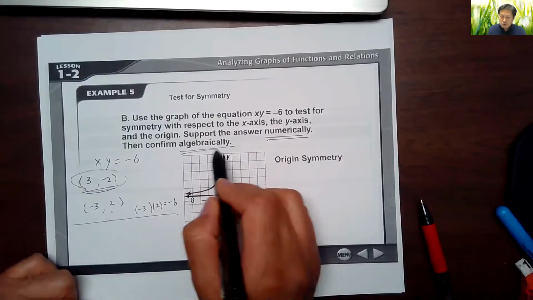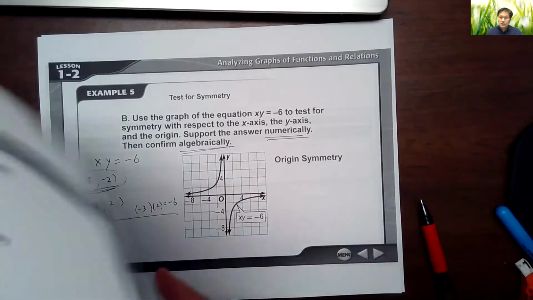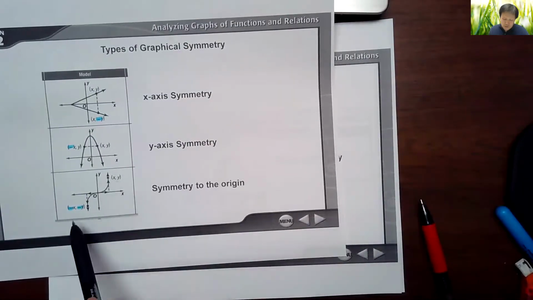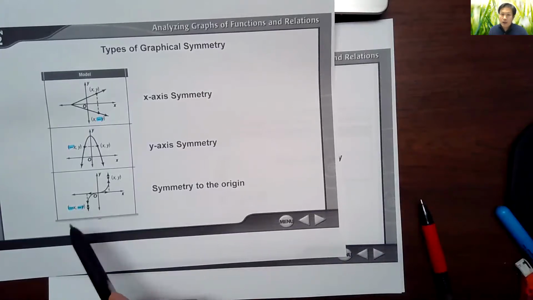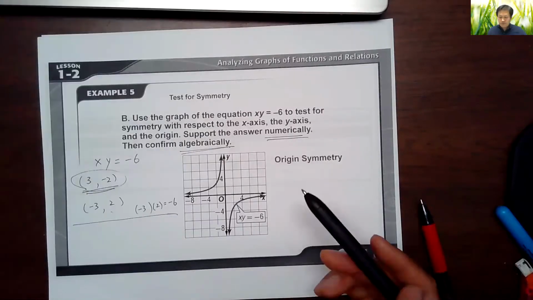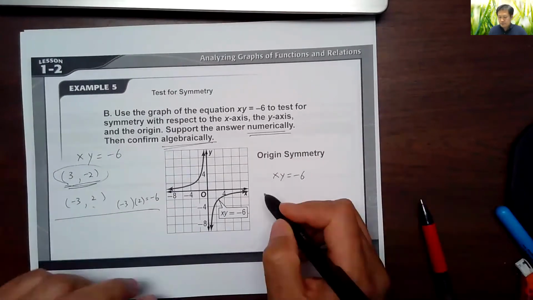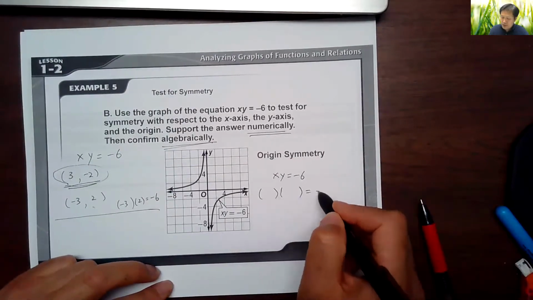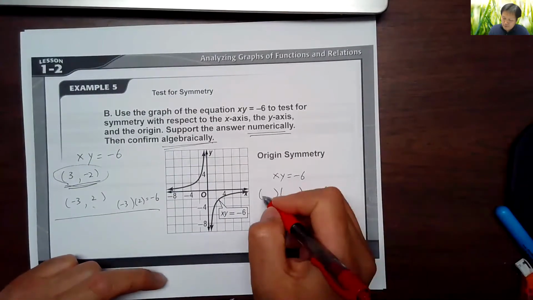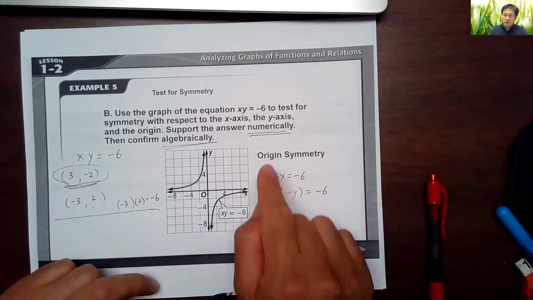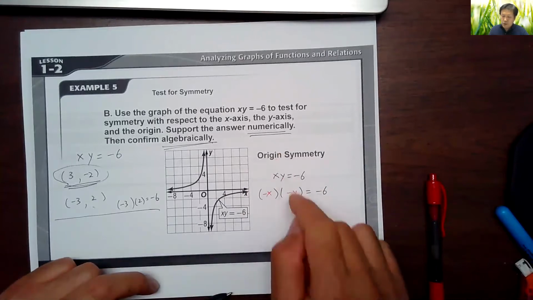Okay, confirm algebraically is this part. Symmetric over the origin, what are you supposed to do? Plug in -x for x and -y for y, and the equation should not change. So the original equation is xy = -6, and I'm about to replace x with -x and y with -y.